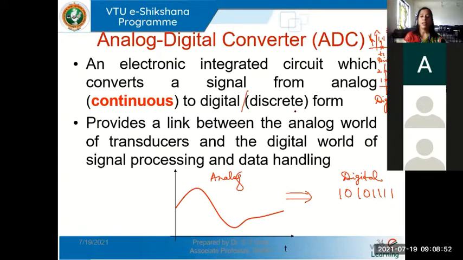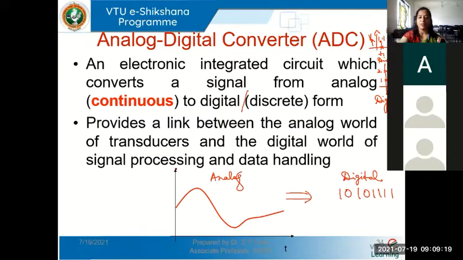Okay. So transducers are those links between the analog and digital world, and these transducers generate analog electrical voltages and currents which need to be converted to digital by using an ADC. And once it is converted to digital domain, we can do all kinds of processing using a digital computer.